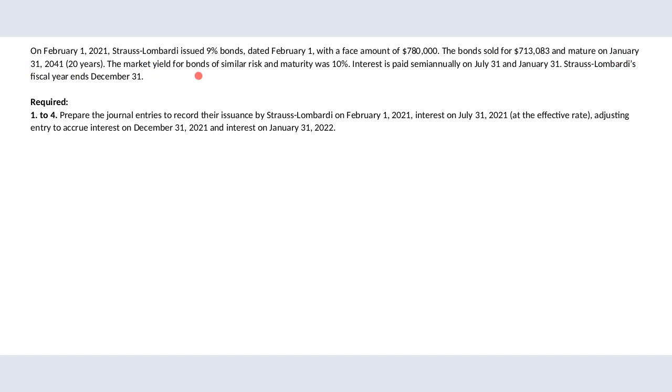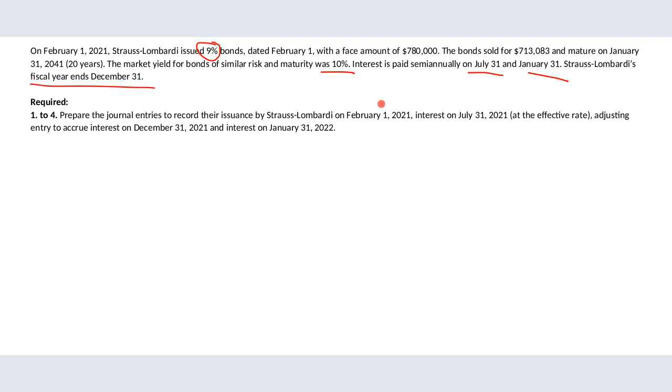The market yield for bonds of similar risk and maturity was 10%. So our rate is lower than the market rate, therefore they will be issued at a discount. Interest is paid semi-annually on January 31st and July 31st. They have a calendar fiscal year.